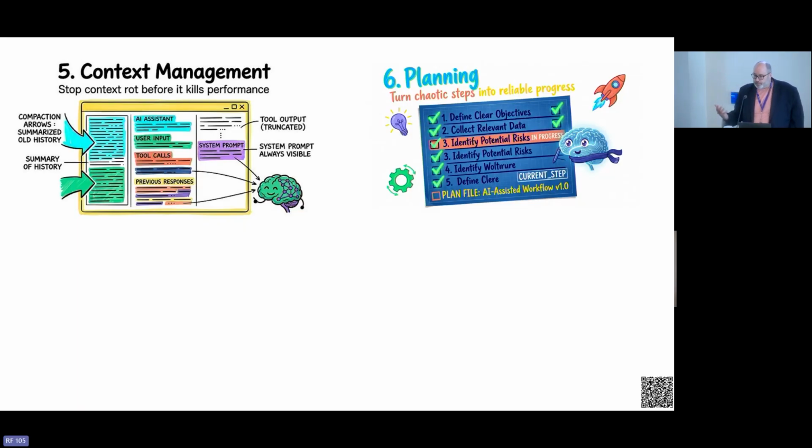It'll generate that approach. Then you tell it, okay, I approve of your approach, now go and do the task. Planning relates to that phase of the AI helping to lay out the plan, the steps it takes to get a project done.